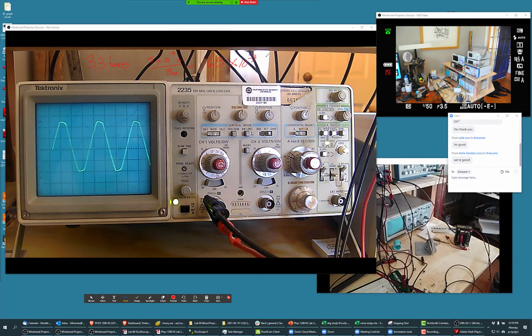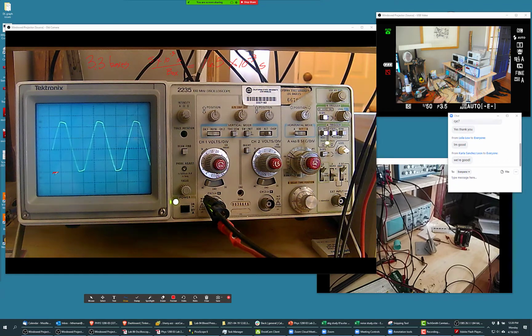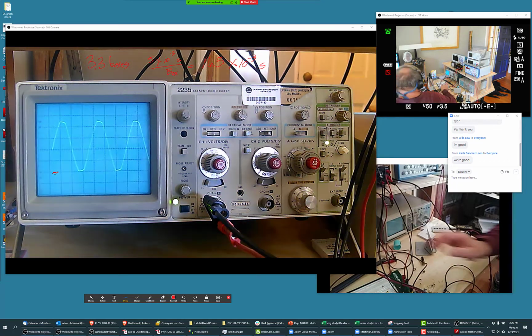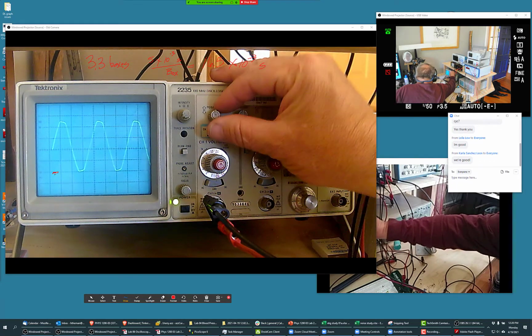Oh, there goes Jenny. And we want to measure the peak to peak. So for peak to peak, for voltage, we pick a convenient horizontal line. And this is the tricky thing. We have to get the trace.